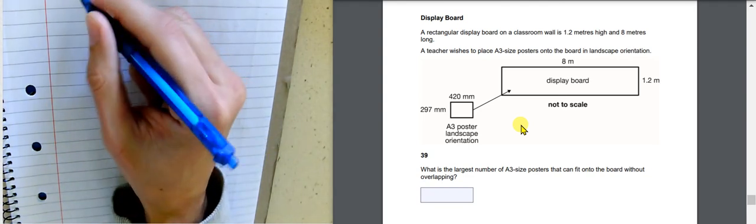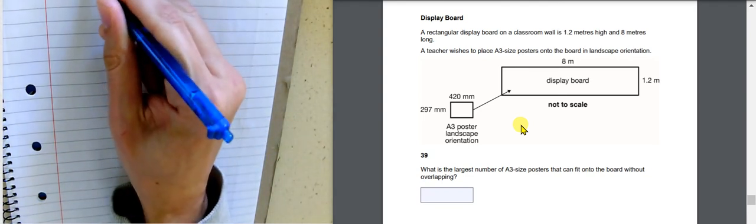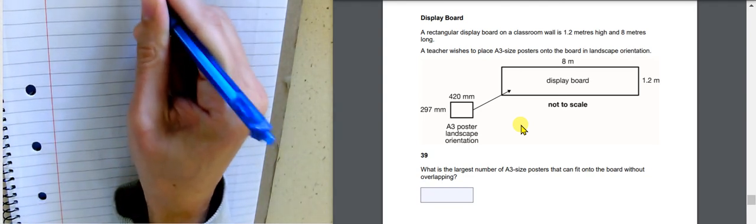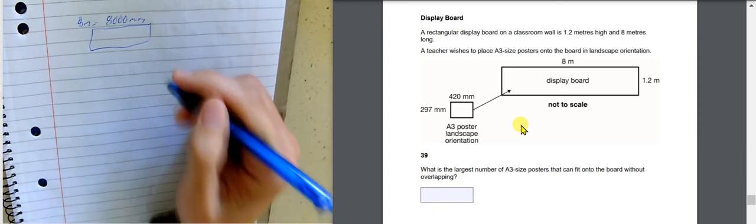So it'd be best if we can have the same. Hopefully we know that milli is like millennium, so 1,000. So 8 meters is actually 8,000 millimeters. So that's what it is going across. And 1.2 meters is 1,200 millimeters, going from top to bottom.